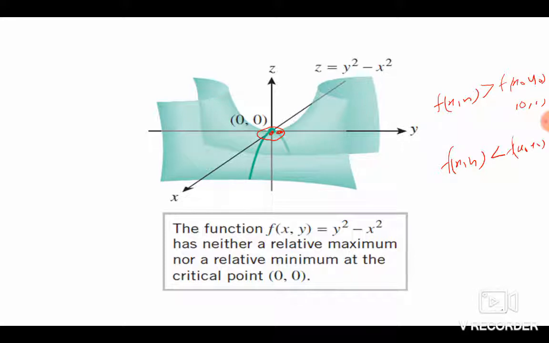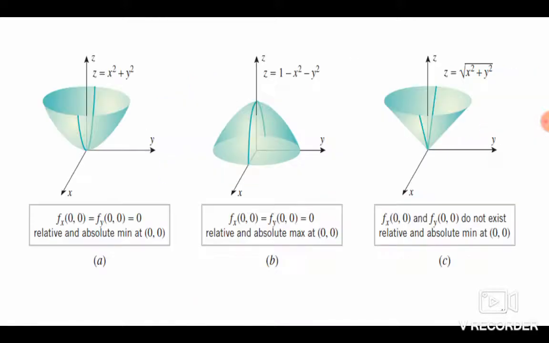So it is not true for all the points in the circle. Therefore, there is no relative maximum nor relative minimum at this point.